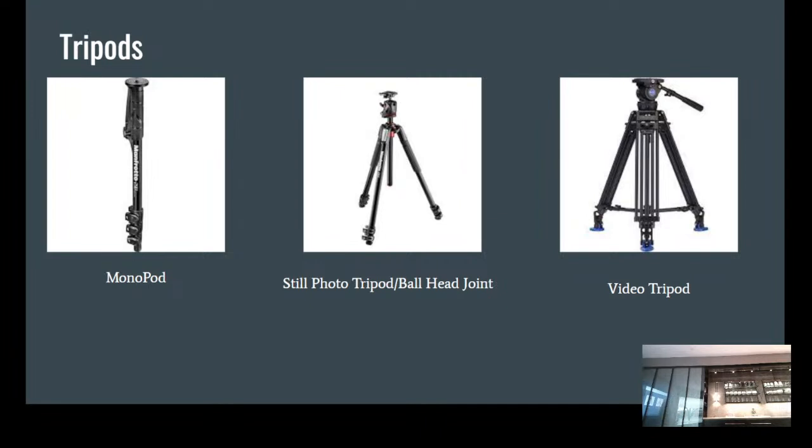The benefit to this now is that where the monopod gives you the shakiness kind of going back and forth, this one gives you no shakiness at all. And it even gives you the ability to adjust the legs. So let's say you are at like a mountain or something and you've got one rock that comes up to here and everything else is lower. You can make one of these legs really short and then make the other 2 really long to fit into the space.